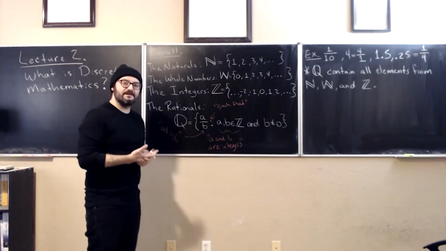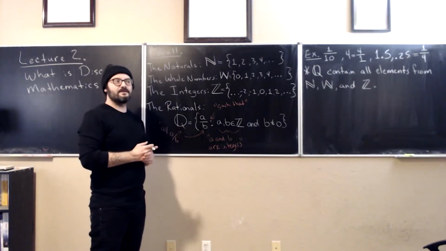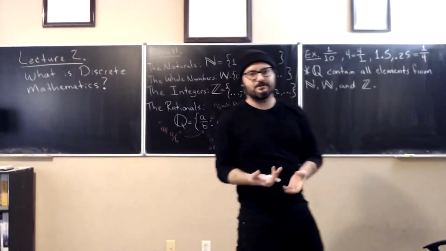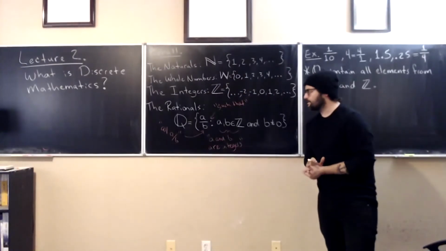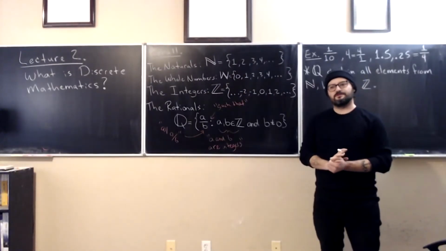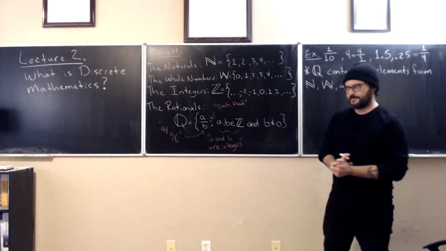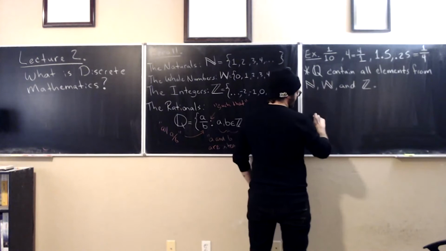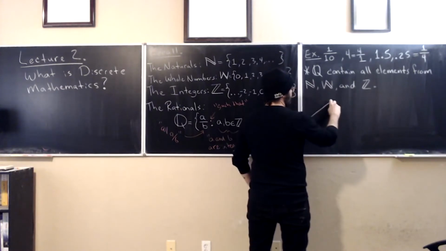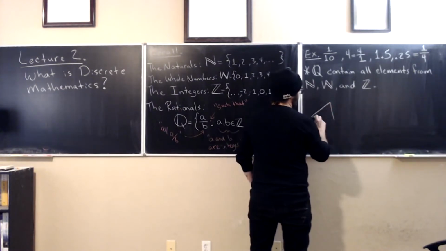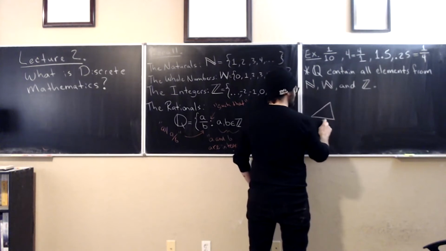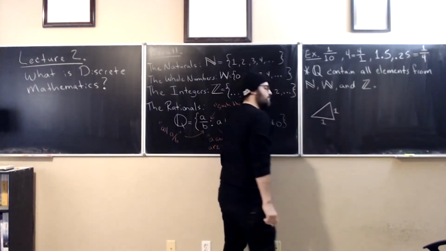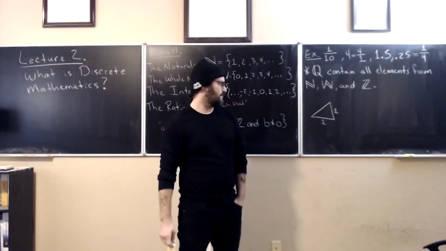This was the case for a very long time, until around the time of the ancient Greeks, where a new number was discovered. Consider the following: a triangle. Suppose you have a right-angled triangle with sides of unit length 1 and 1.